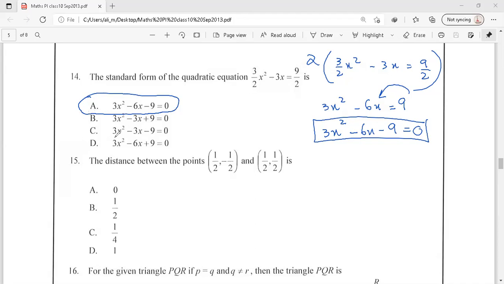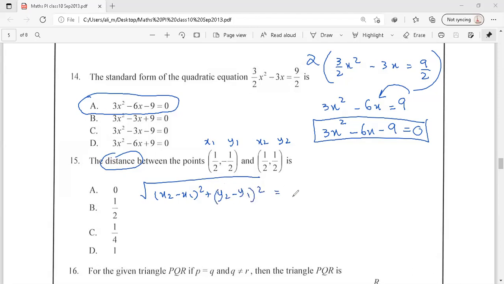Then in question number 15, we have 2 points. Let's say these are (x1, y1) and this is (x2, y2). And we have to find the distance between them. So the formula of the distance between 2 points is the square root of (x2 minus x1) whole square plus (y2 minus y1) whole square.